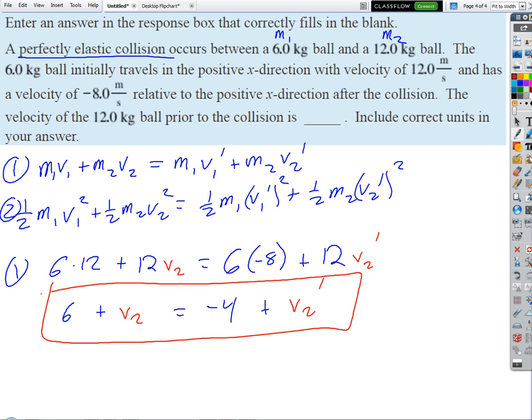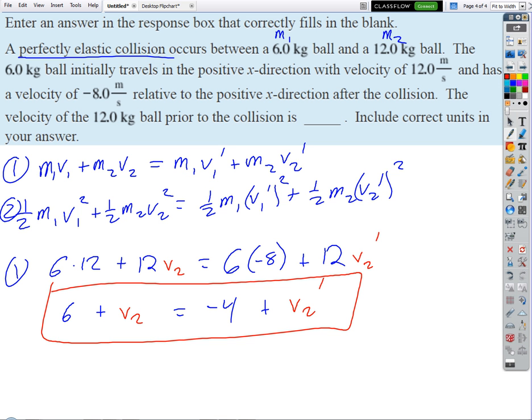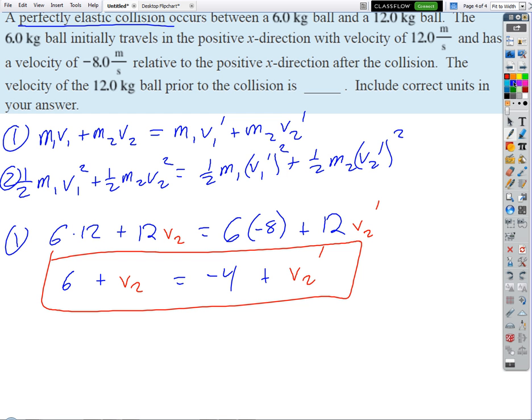So we could plug our stuff into equation 2. Equation 2 then becomes 1/2 times M1, which is 3, agreed?